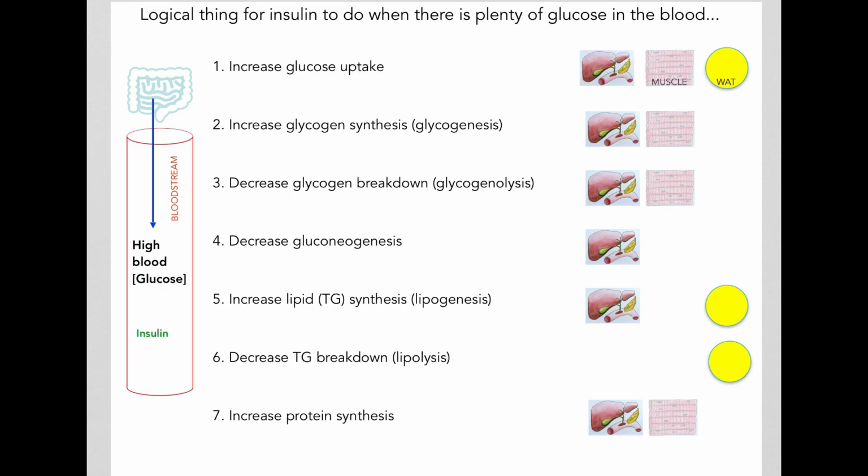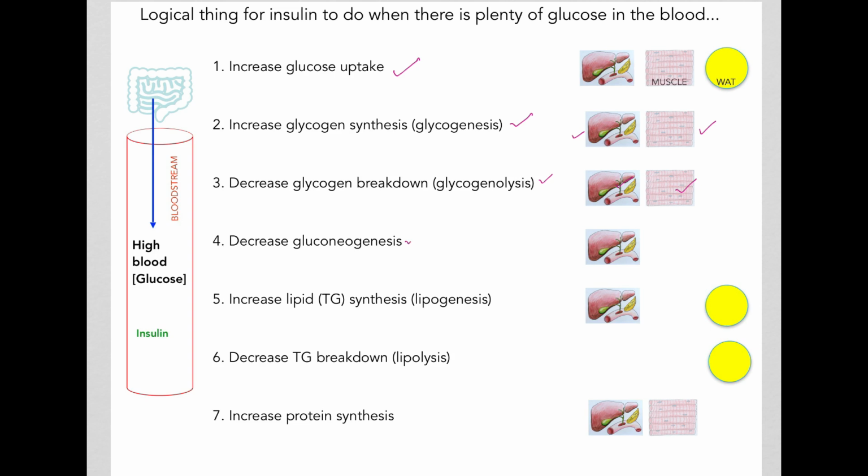So far, we have seen how insulin increases glucose uptake by various cells. We saw how insulin increases glycogen synthesis, especially in the liver and the skeletal muscles. We saw how insulin decreases glycogen breakdown, once again, mostly in the liver and muscle.